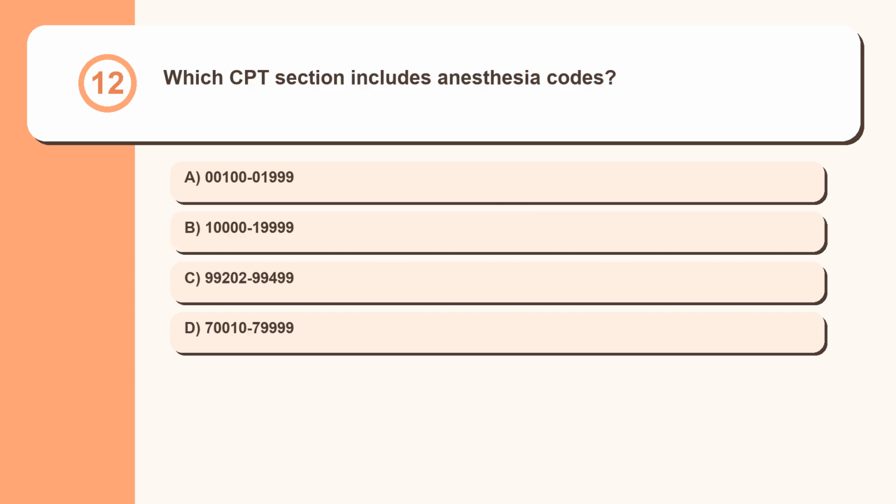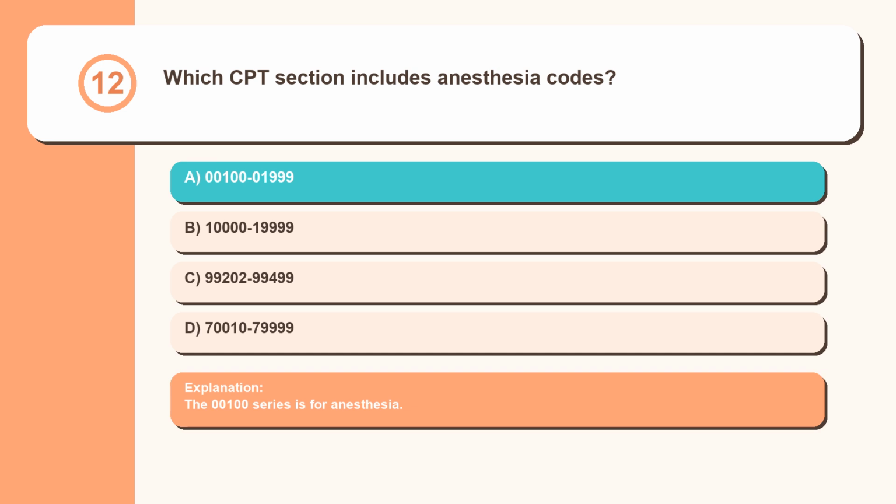Question 12. Which CPT section includes anesthesia codes? 00100-01999, 10000-19999, 99202-99499, 70010-79999.